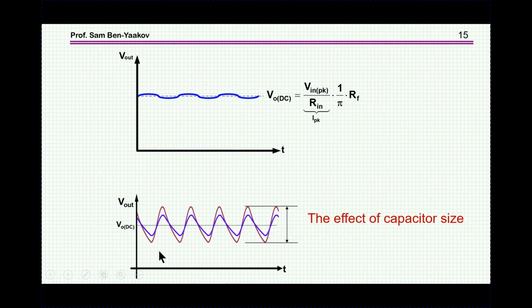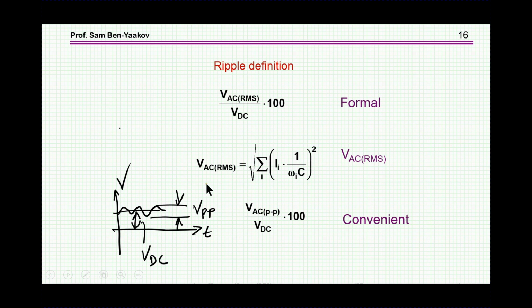Now, in the general case, the ripple, the AC component, is non-sinusoidal, and therefore the RMS has to be calculated by taking into account all the components, all the higher harmonics. This is the current of the higher harmonic times the impedance of the capacitor, assuming that the AC is primarily passing through the capacitor, and then squaring it and then taking the square root of the sum.